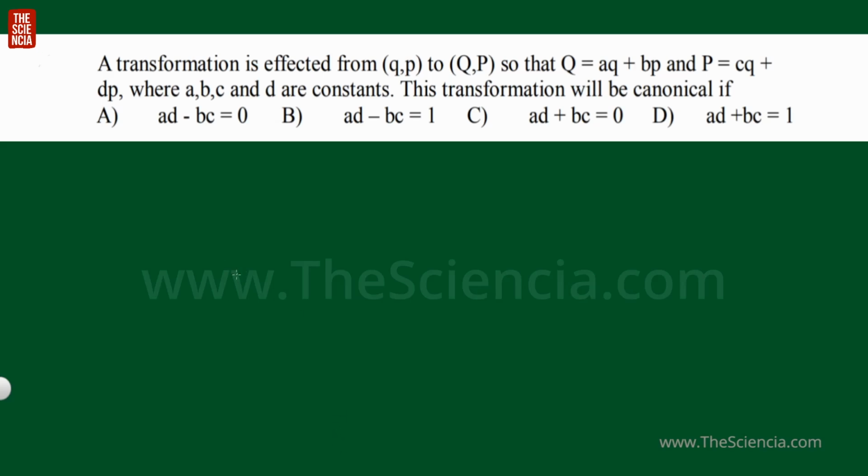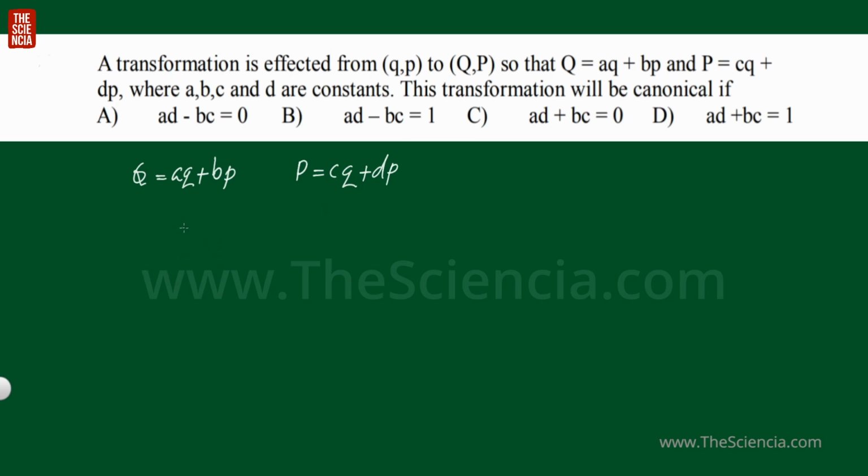See, this one is another question, and the question is to find out if this transformation is canonical, then which one will be the option. So they have given capital Q equal to aq plus bp, and capital P equal to cq plus dp. And we have to check whether the transformation is canonical or not.